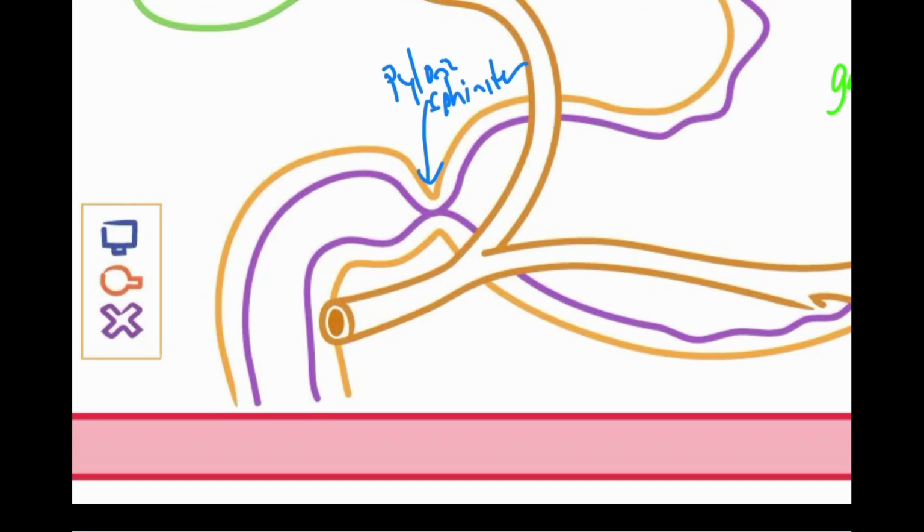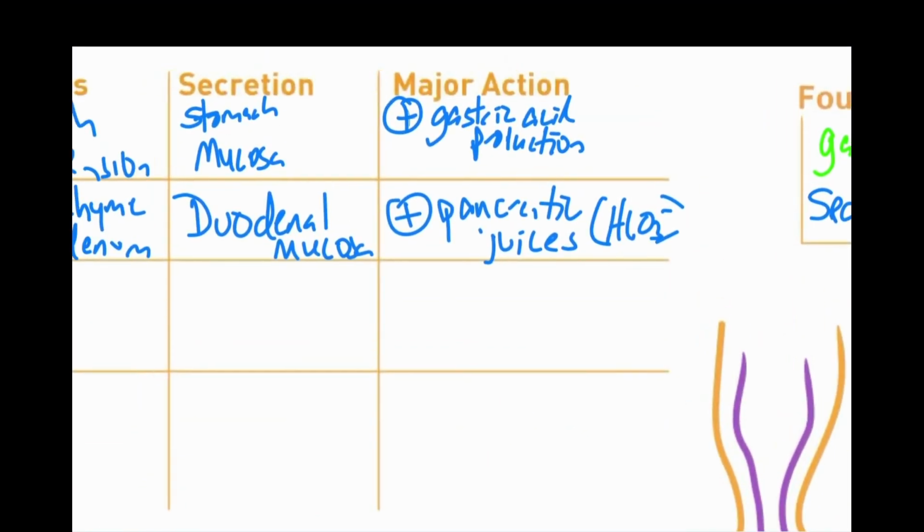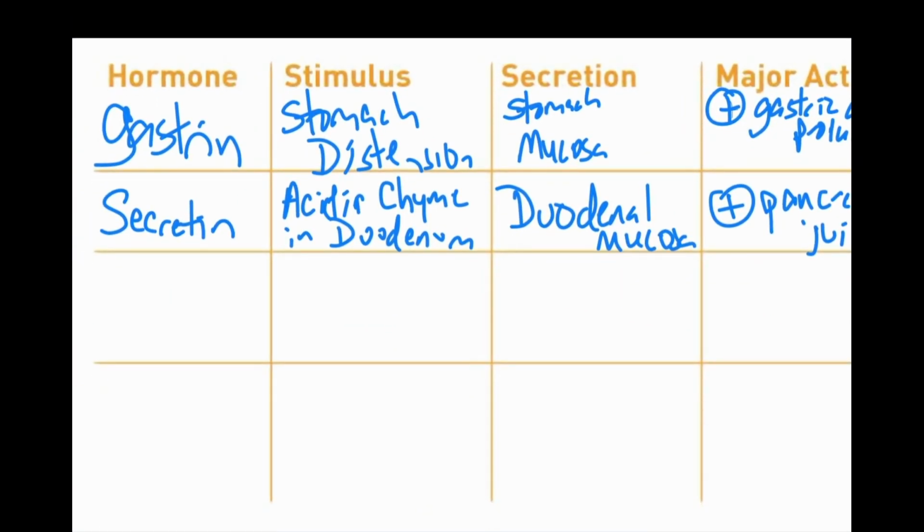Okay, so we get the acidic chyme coming in this area, coming into the duodenum, which then causes the secretion of the other three hormones. Only gastrin comes from the stomach mucosa. All the other three are from the duodenum.